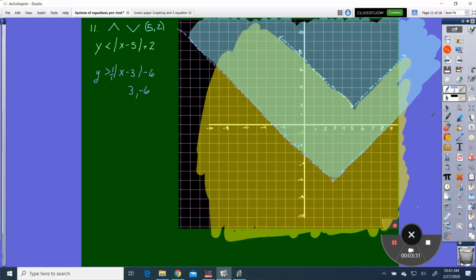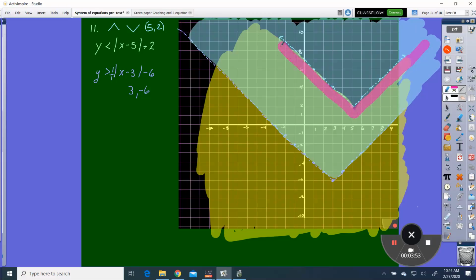Now I look at this, my answer actually is the place where those two intersect. Okay, so my actual answer, I wanted that to be in highlighter, is where those shades intersect.